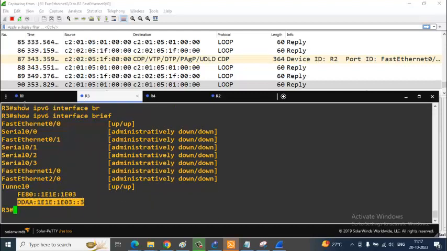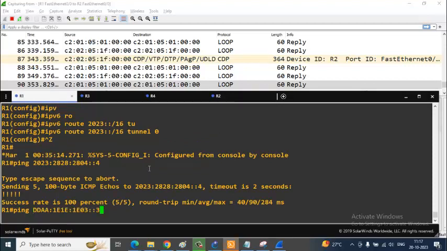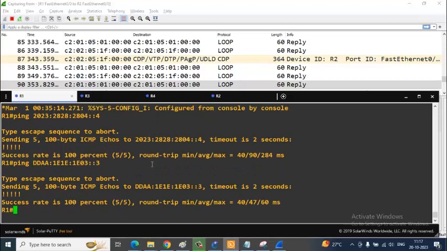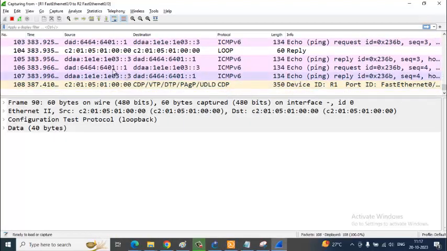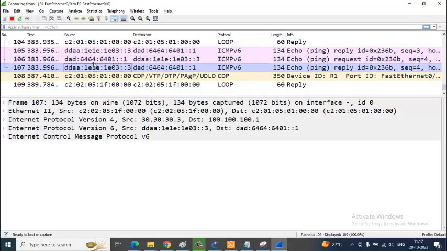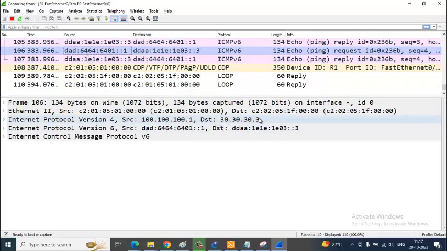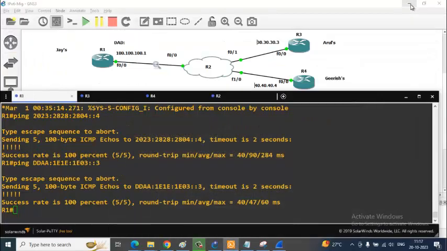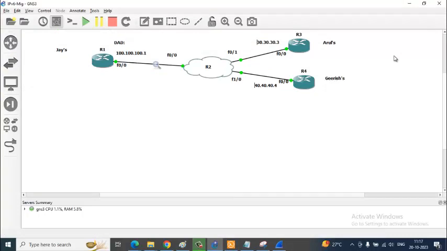And when I ping in R1, I'm not really telling the IPv4 address, but it exactly resolves. See, I'm pinging from DDAA and you see it exactly resolves the IPv4 address. So now you have reachability and you got the tunnels.